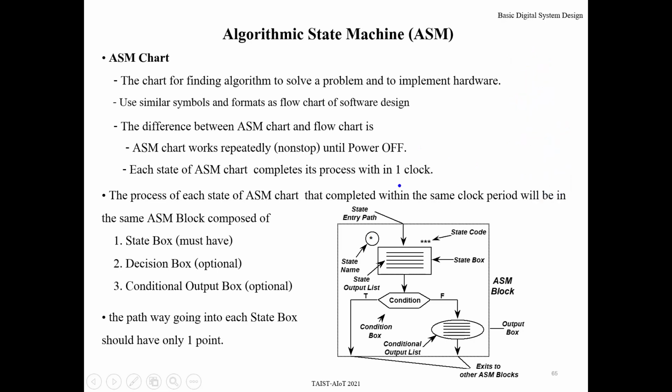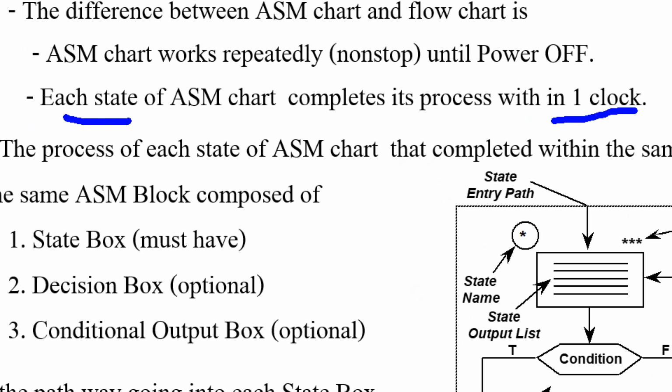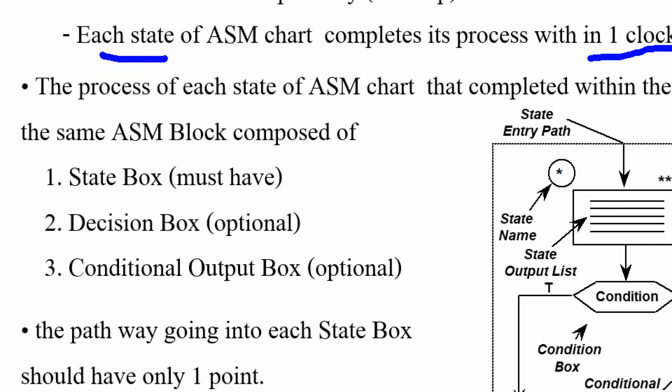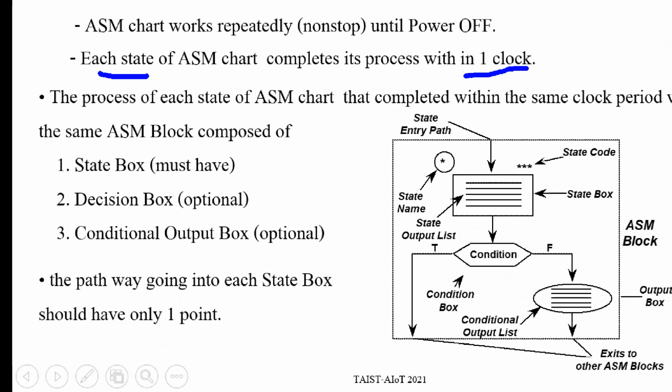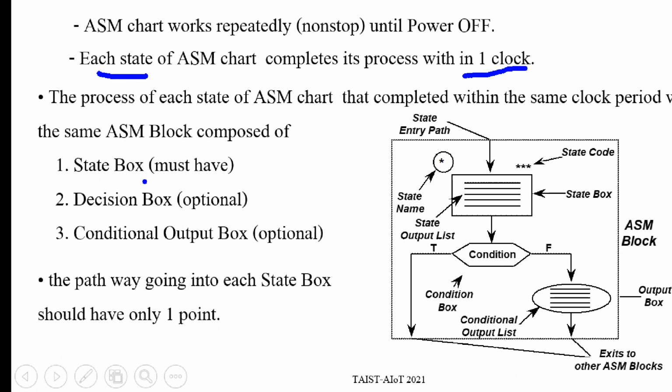Because the ASM chart is based on a state machine, for each state we will complete the process within one clock. To write down the ASM chart, you need to know its components: the state box, decision box, and conditional output box.